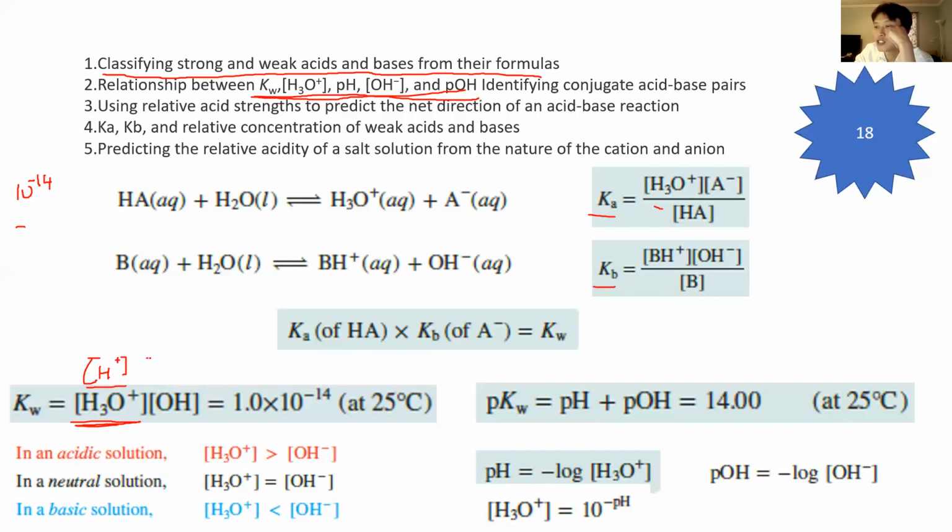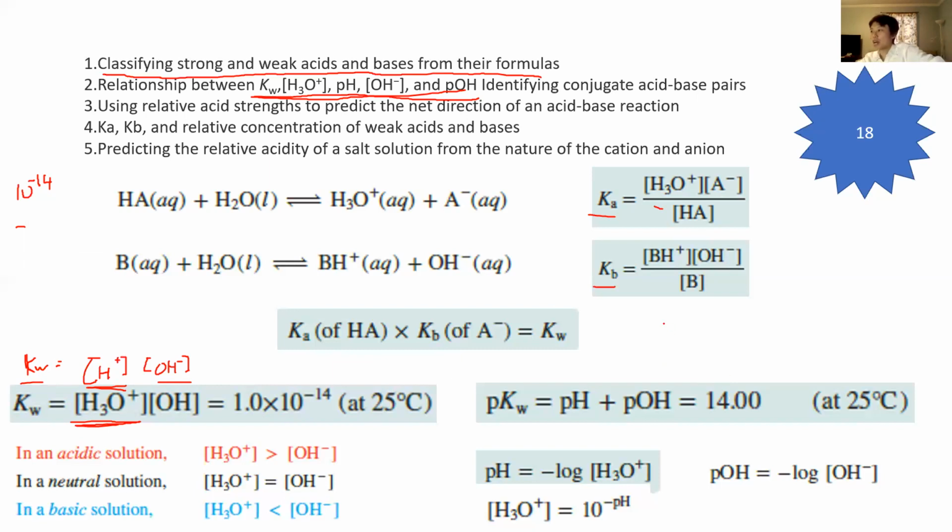So the concentration of proton times the concentration of hydroxide, right? They always equal to Kw. Kw at room temperature is equal to 10 to the negative 14, and it changes when temperature changes, right? So meaning that at room temperature, if you know the proton concentration, you can calculate the hydroxide concentration, right, using the Kw.